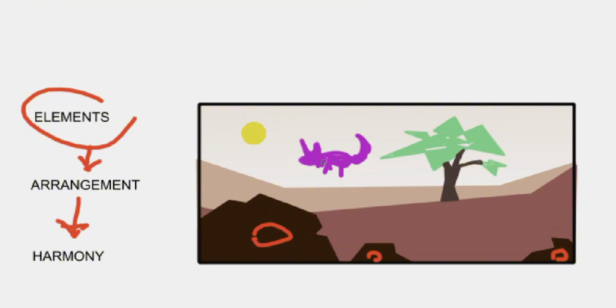Of course, the cat is now an element, but the arrangement is off, right? The arrangement is off, and so the harmony is off. There is no harmony here because where can I put this cat, right? Where can I place this cat? And so the harmony is not achieved.